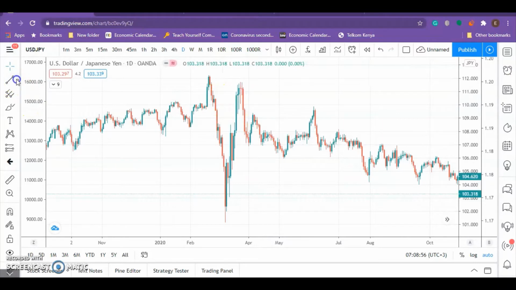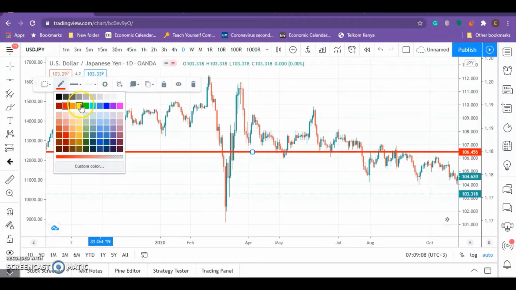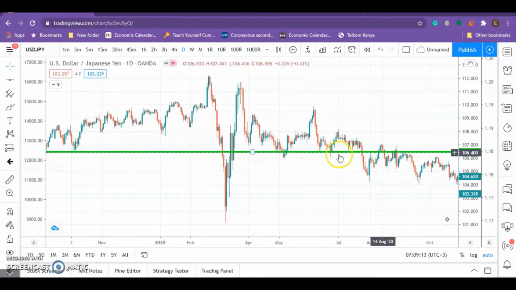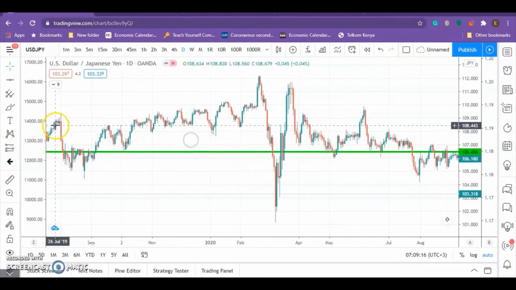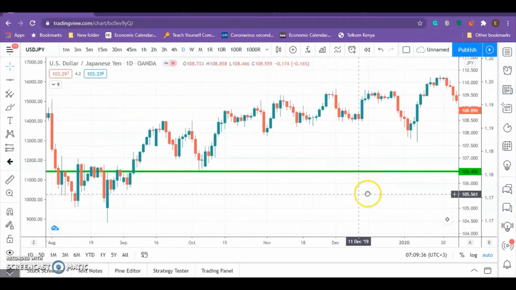So I'm going to take my horizontal line and place it on this level. Let me turn it to green. If I was waiting for a good breakout on this level, you can notice that there was a very good order block here, which prompted me to place a buy order right over here.